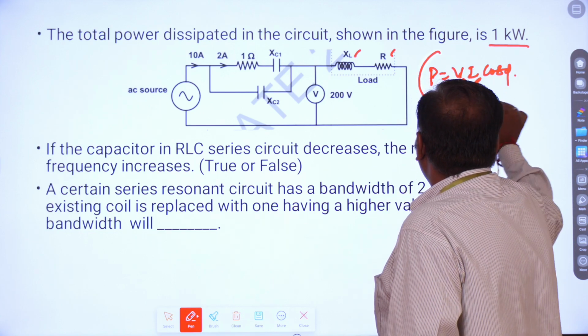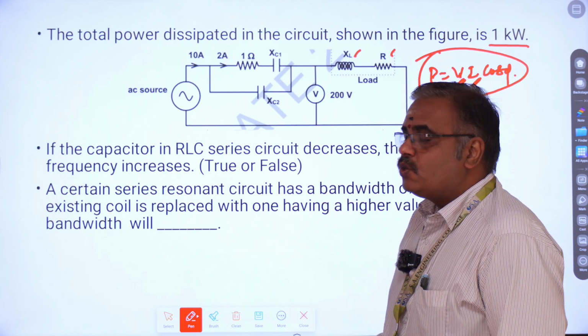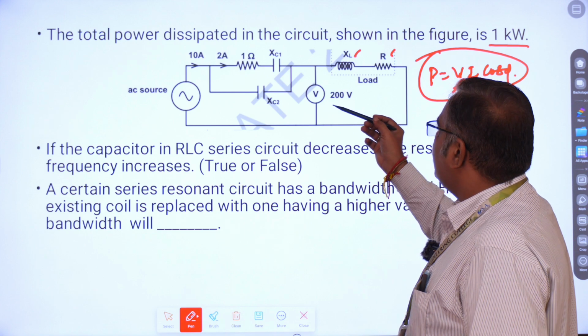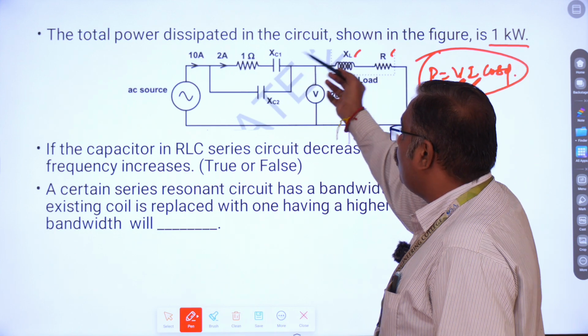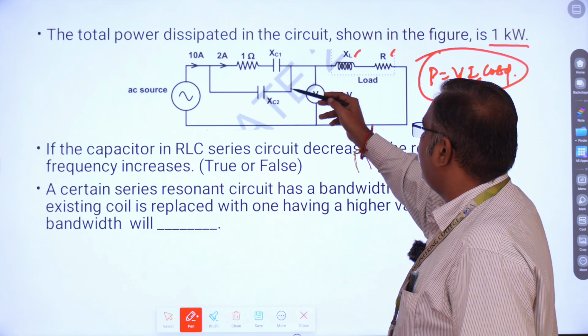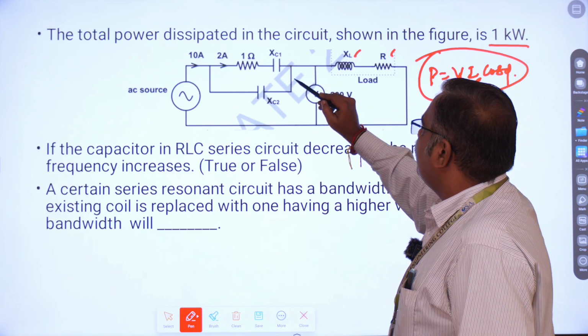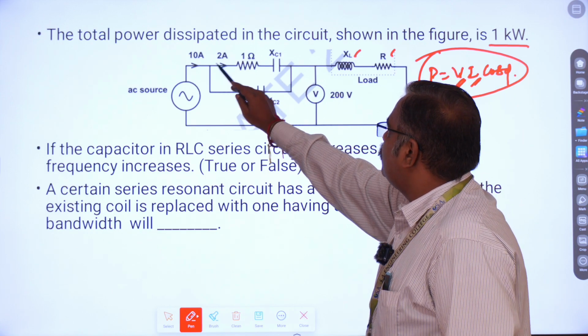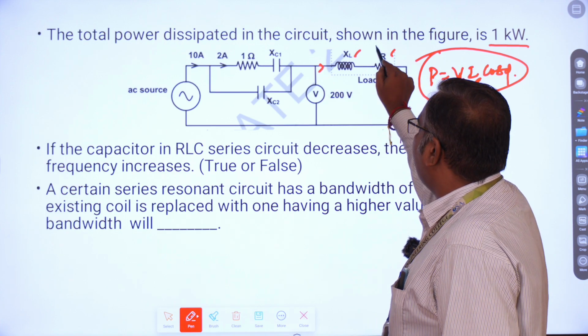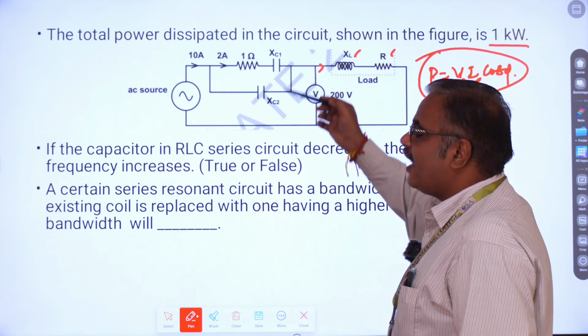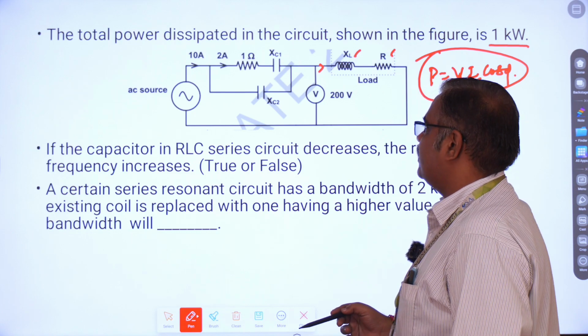So how to get the solution? Power divided by current gives you the total voltage applied. And here 10 is the total current. The current will be the same in this place also. So from this we can calculate the value of R as well as XL.